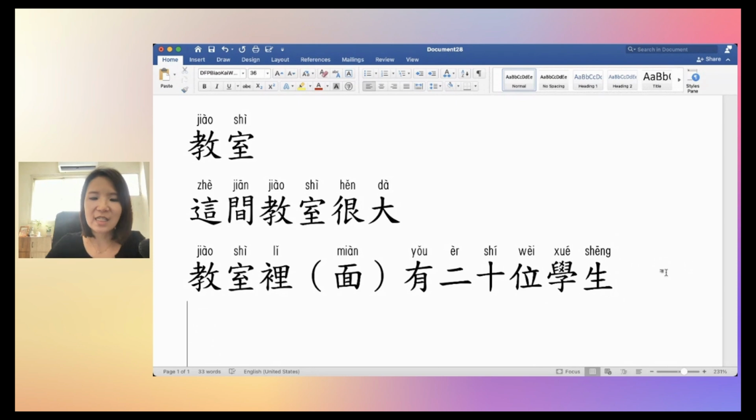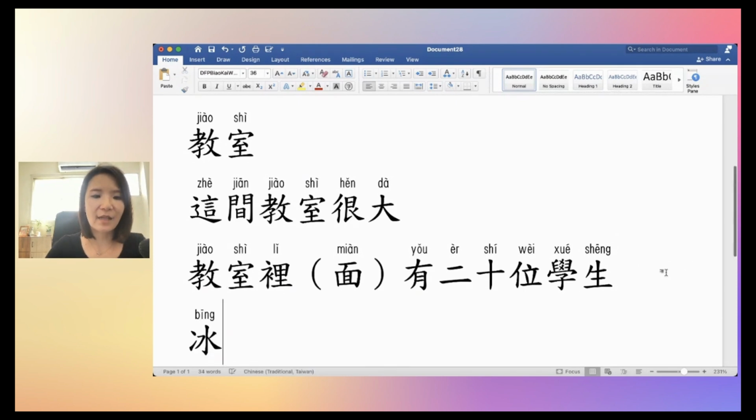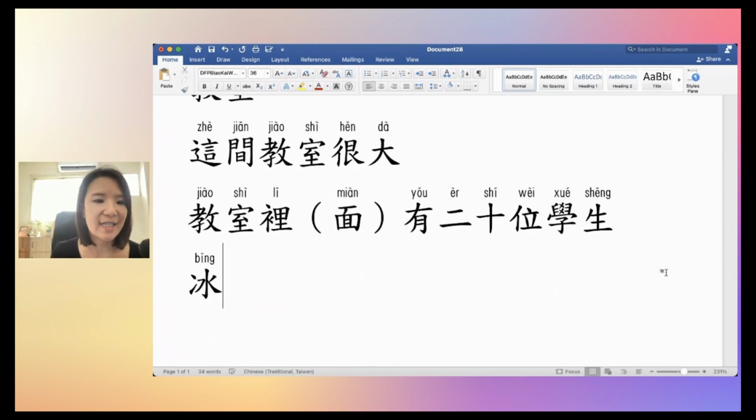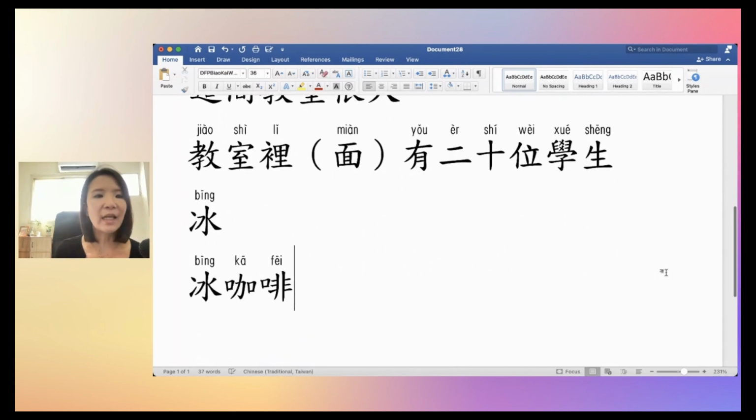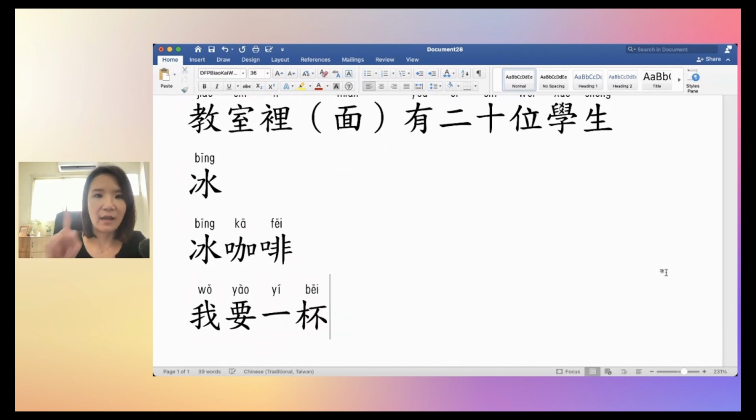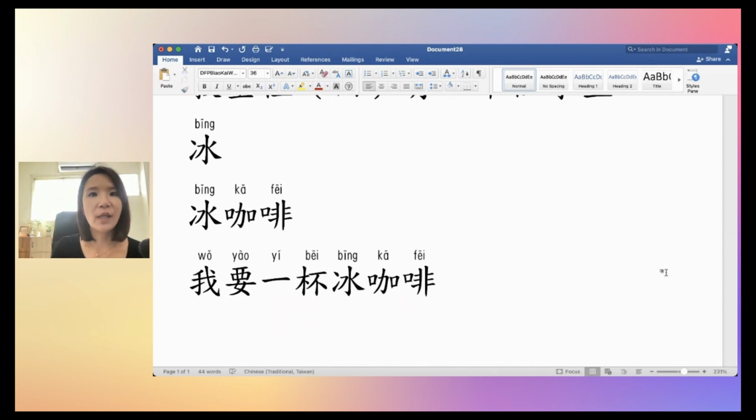The next word is 冰. So 冰 is iced. For example, 冰咖啡, iced coffee. If you want to order a cup of iced coffee, you could say 我要一杯冰咖啡. 我要一杯, a cup of 冰咖啡.